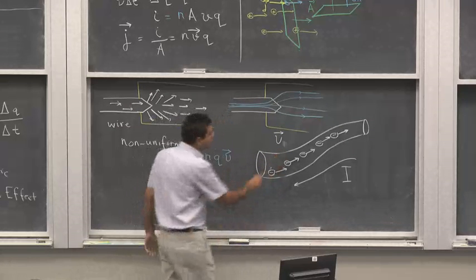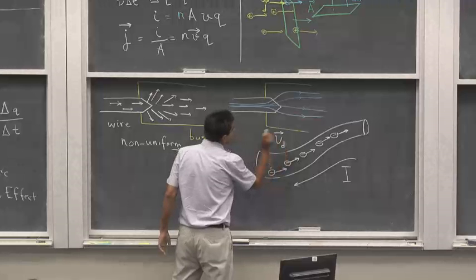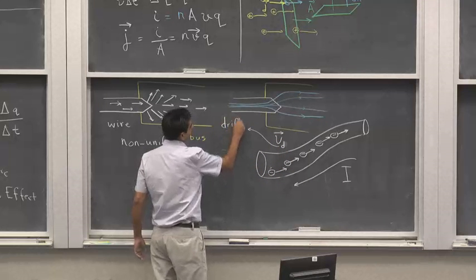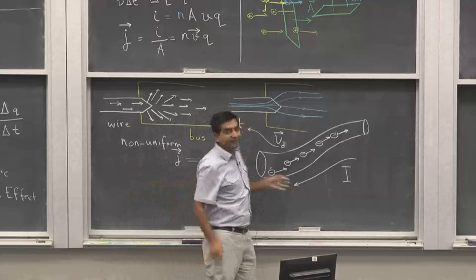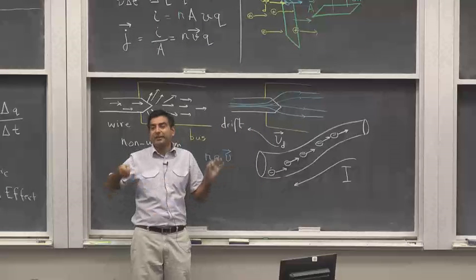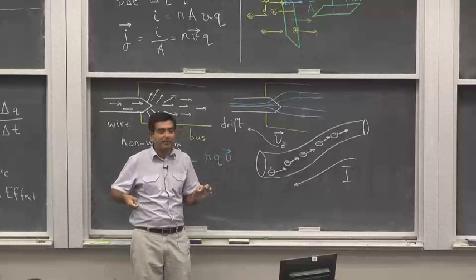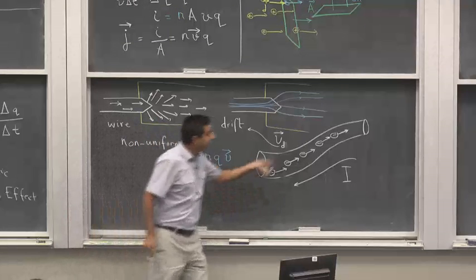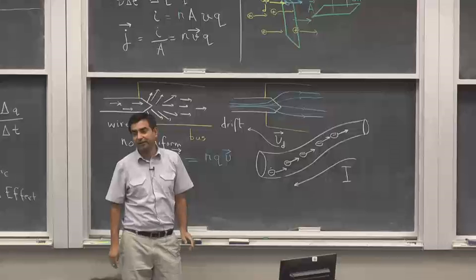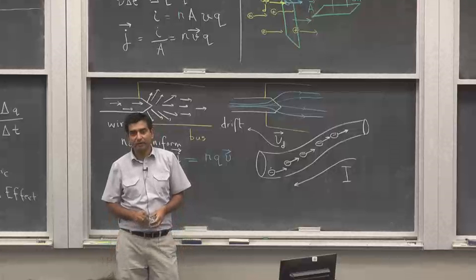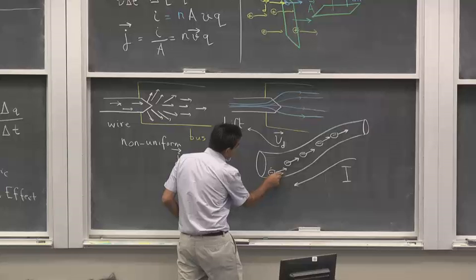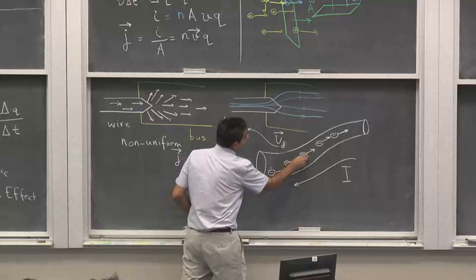And I would just like to put a small d here. This d stands for drift, and I'm going to explain this concept now. There's a velocity vector associated with each electron. And since there's a velocity vector, there is a current density at each of these points inside the wire. So there's a J here, a J here, a J here.